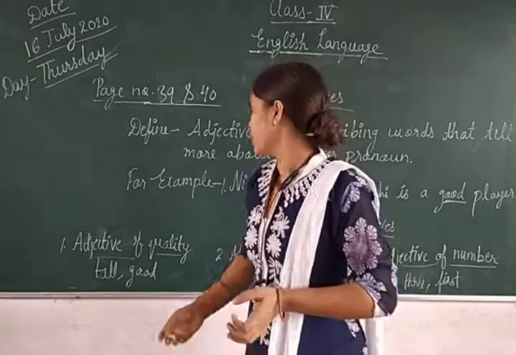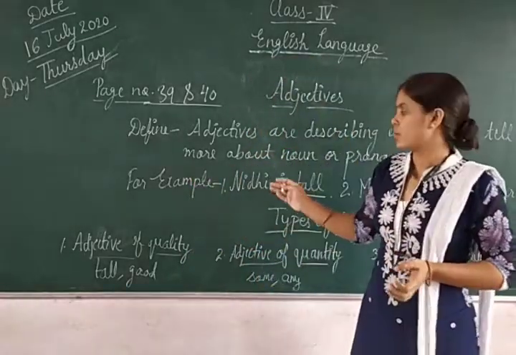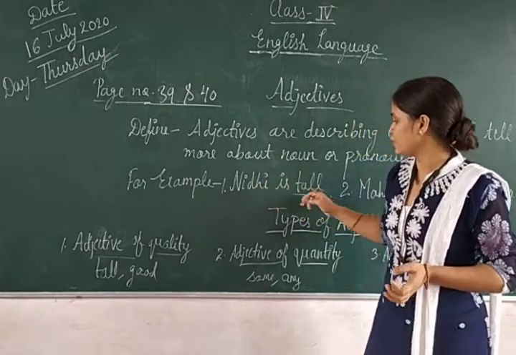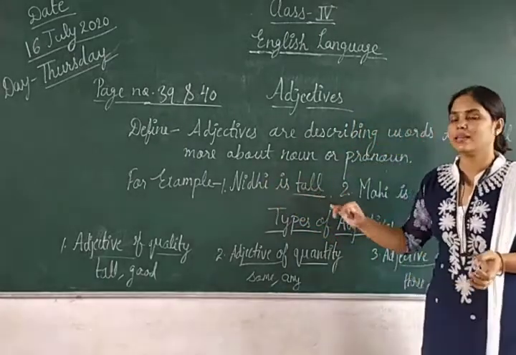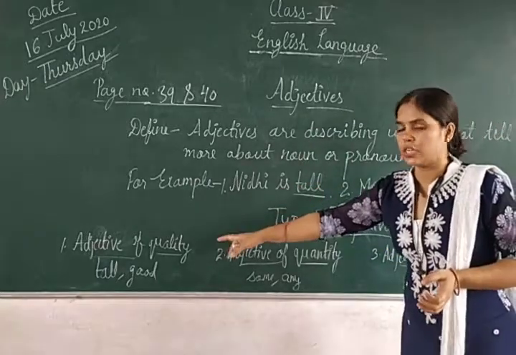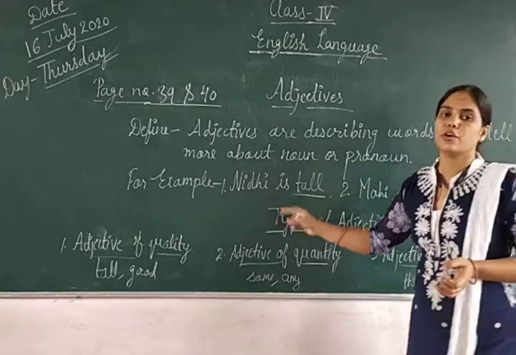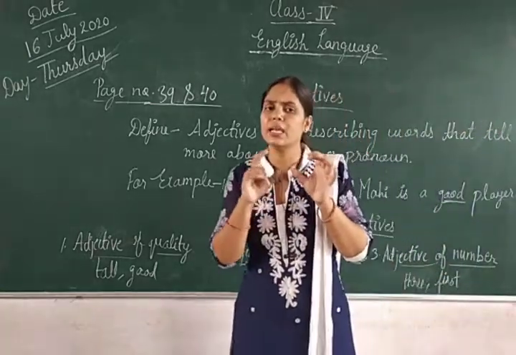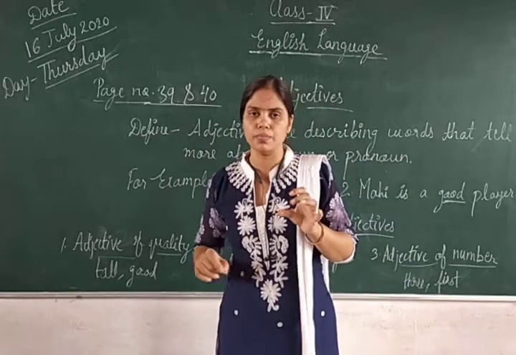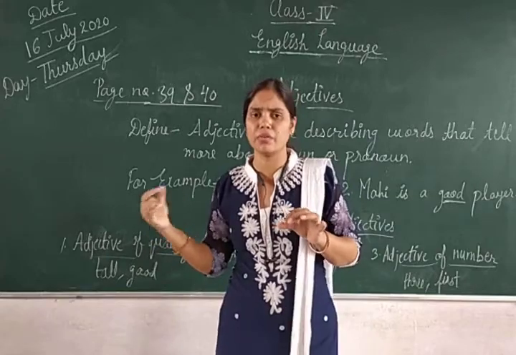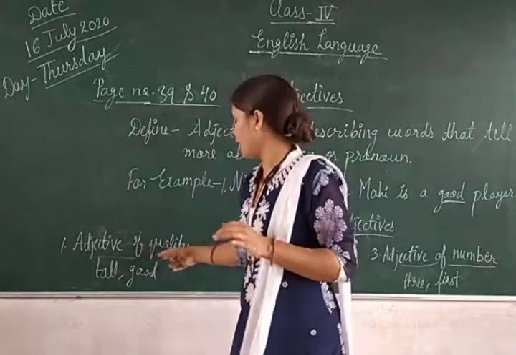Okay, so here as you have seen, Nidhi is tall. Tall is an adjective, so it's the adjective of quality. And here also I have used Mahi is a good player. So good is also the adjective of quality because we are just telling about the quality of that noun. ठीक है, हम यहाँ पर क्या बता रहे हैं, उसकी क्वालिटी के बारे में बता रहे हैं. That's why we have used tall and good.